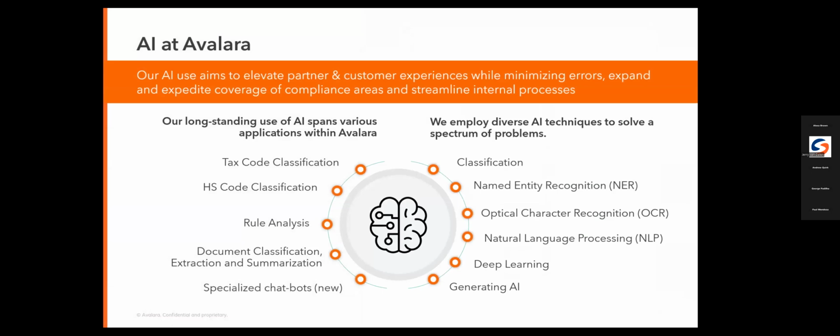And Avalara for years has been building artificial intelligence into our solution set. And here are just a few examples of how we've already built it in. And as you all know, AI continues to get better. We're already talking about things we're going to continue to improve in the new year. And specific to exemption certificate management, that's the optical character recognition piece here on the right-hand side of the page, where we've built the software to read certificates for you.